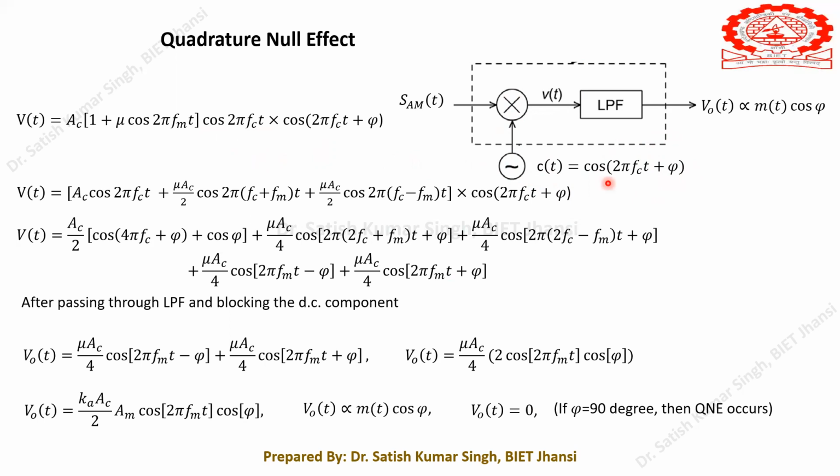So just try to give this offset in the phase of the carrier, and now it is no more synchronous. It is not synchronized in phase. This particular carrier that we are using at the receiver for demodulation is no more phase synchronized.